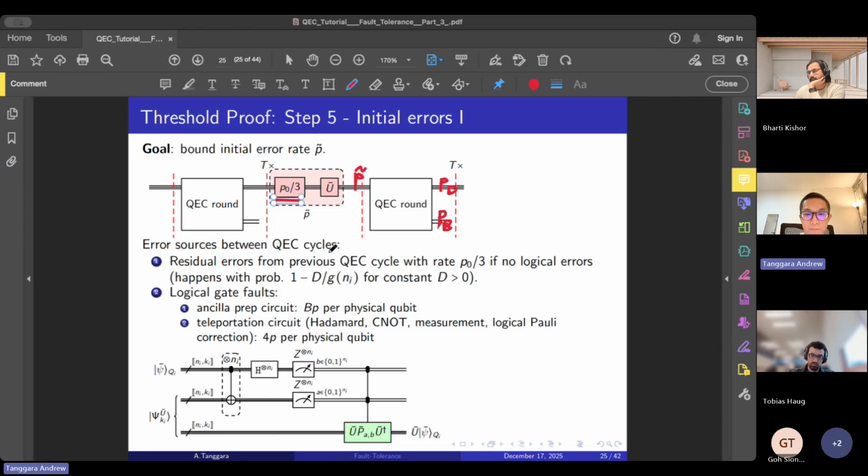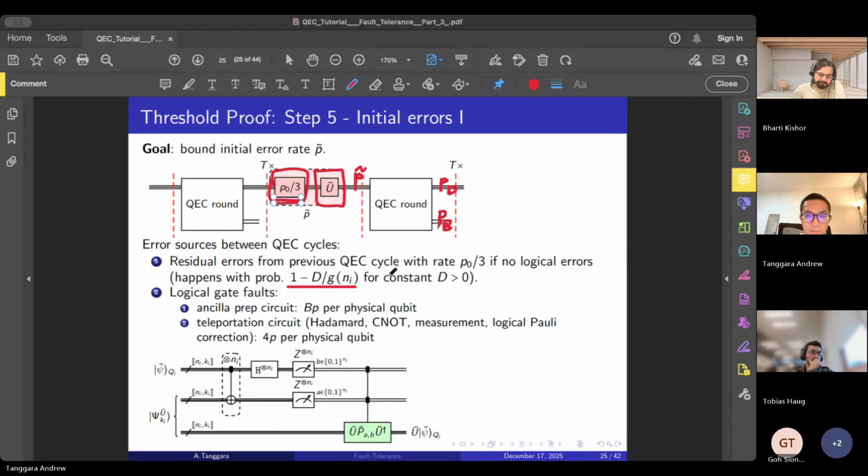We're guaranteed to have this local stochastic error rate if the previous QEC round does not fail. Then we take into account the errors from the logical gate implementation, from this teleportation procedure that I just told you about. This is one of the assumptions we require from our code.